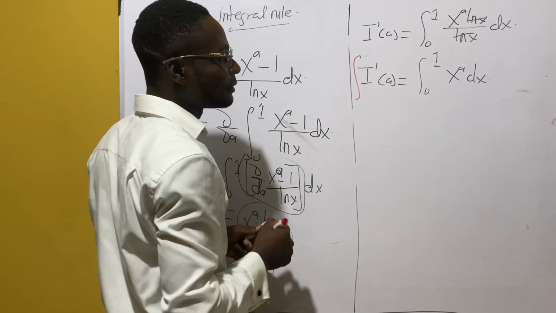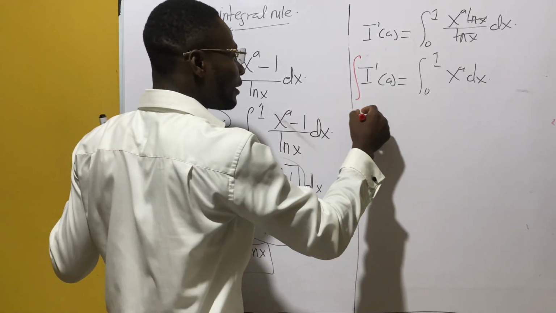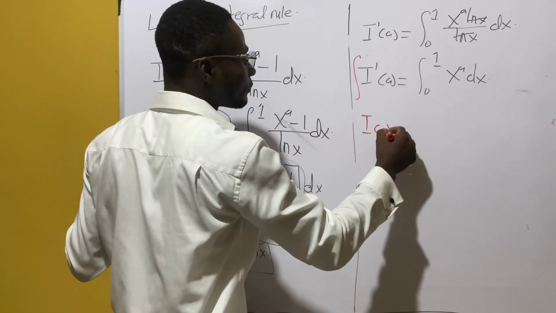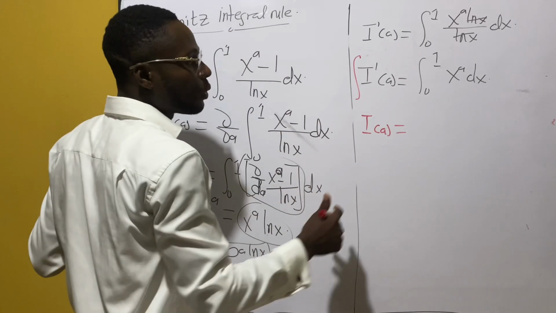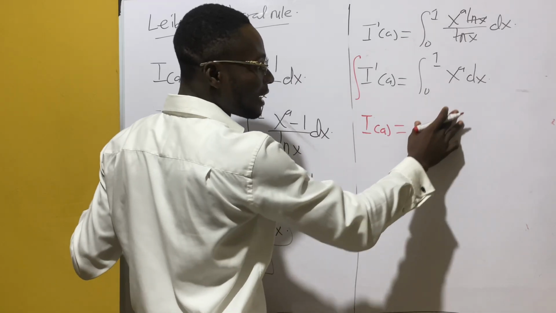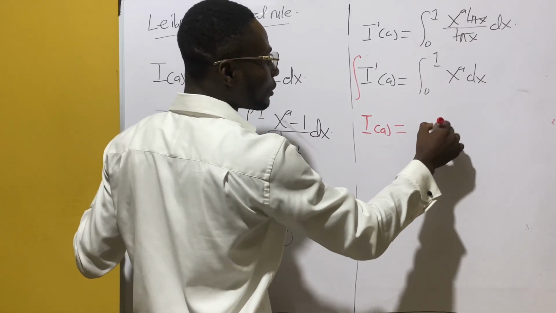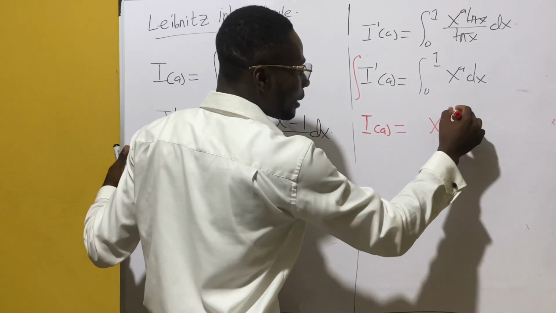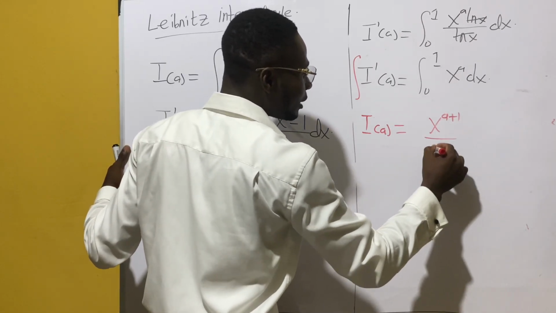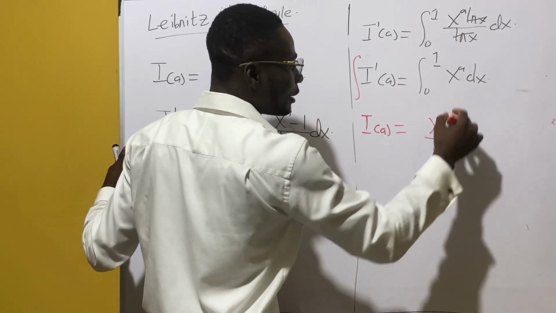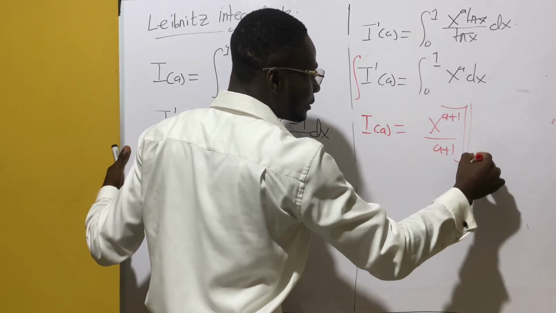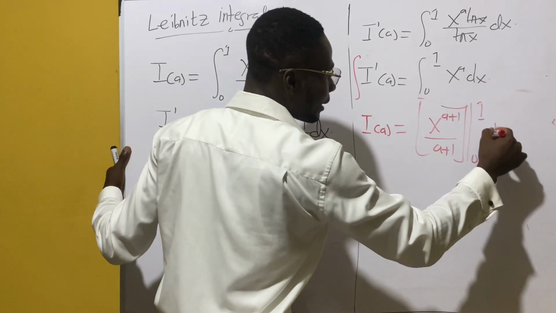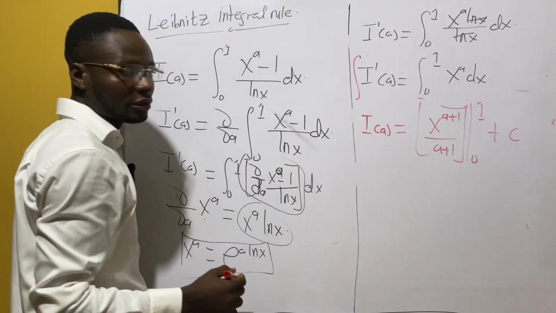Integrating both sides, we have I of a equal to the integral of x^a, which is x^(a+1) over a + 1, under the limit 0 to 1, plus a constant of integration right here.